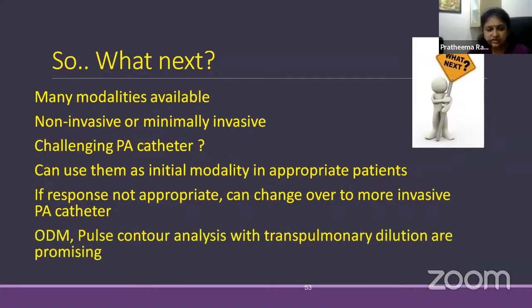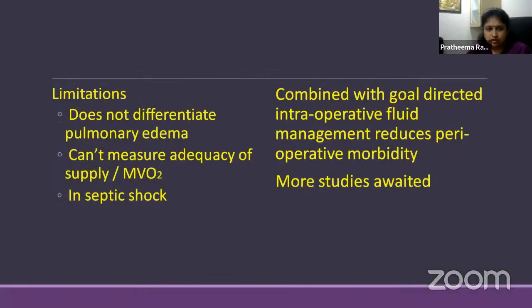And as I already said, the esophageal Doppler monitor is gaining popularity in Western countries. It is being used in almost all the patients undergoing high-risk surgeries. So limitations are there. We cannot differentiate pulmonary edema. Yes, we always look at the cardiac output, how it is changing, but whether the lungs are getting wet is what we need to think about.